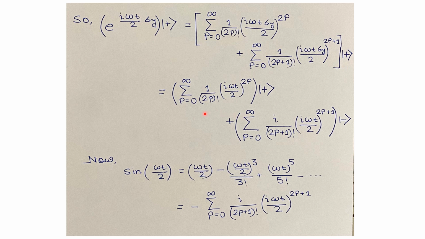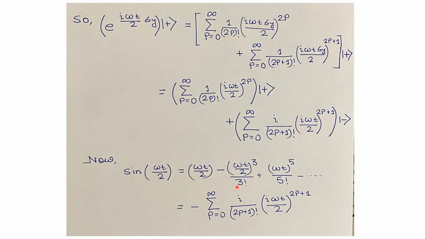So, we will have two terms here: summation over p equals 0 to infinity of 1 by 2p factorial times (I omega t by 2) to the power 2p, acting on the plus state, and the other term is summation over p equals 0 to infinity of I by (2p plus 1) factorial times (I omega t by 2) to the power 2p plus 1, acting on the minus state.